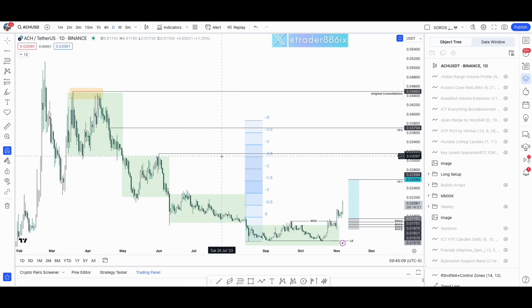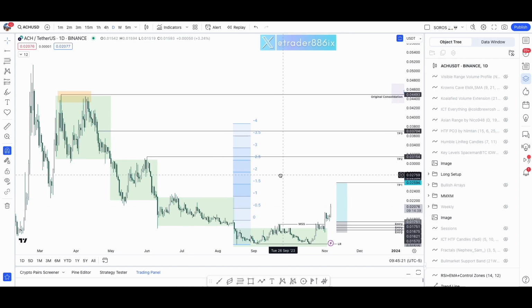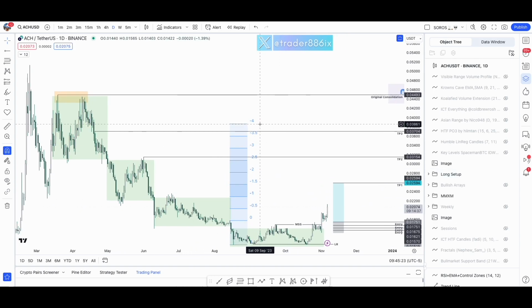Your standard deviations are basically the 2 to 2.5. Let's say the 2.5 is the main target, this high, which would also flush out all these buy side stops. And then your extension could go to the 4.